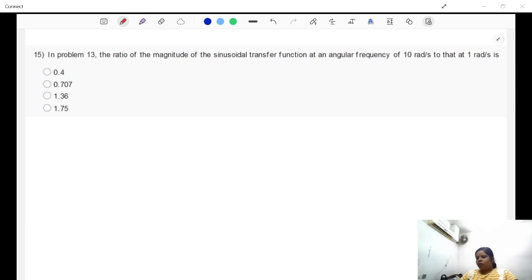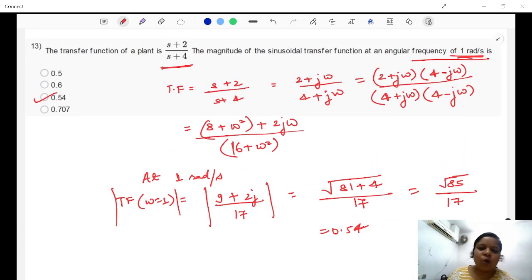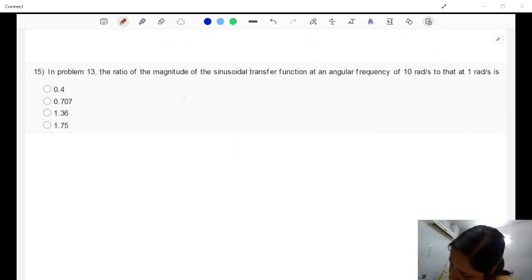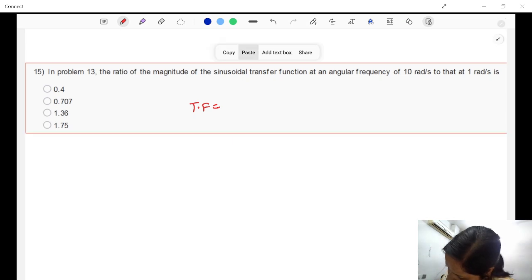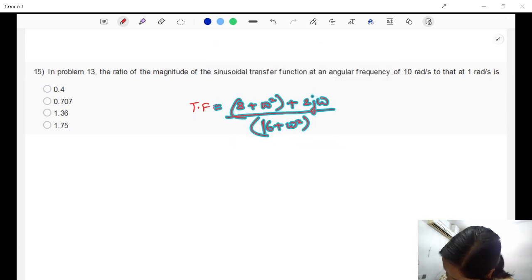Okay. So in the same question, what is the ratio of the sinusoidal function at an angular frequency of 10 radian per second to that of 1 radian per second? Basically, whatever you did here, you're supposed to do the same thing with omega equal to 10 and find a ratio. It is easy only. So this is your transfer function.